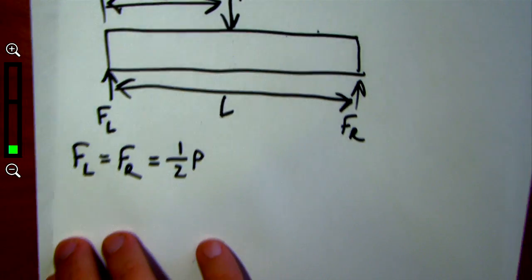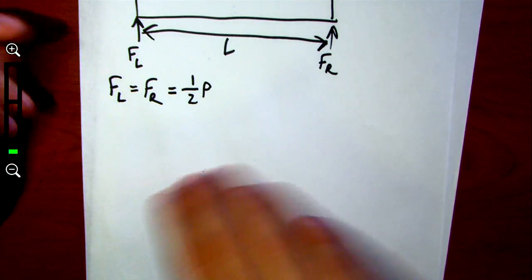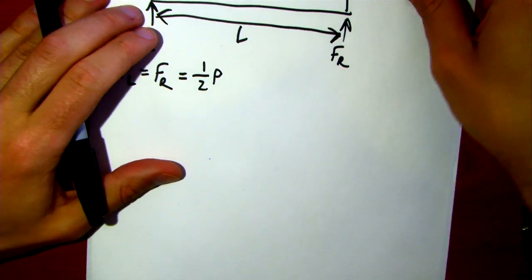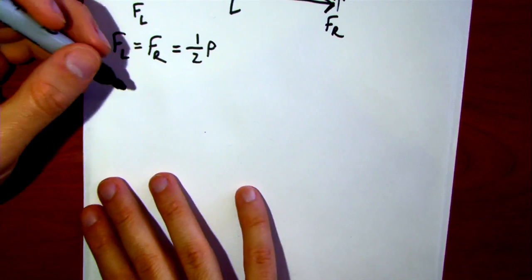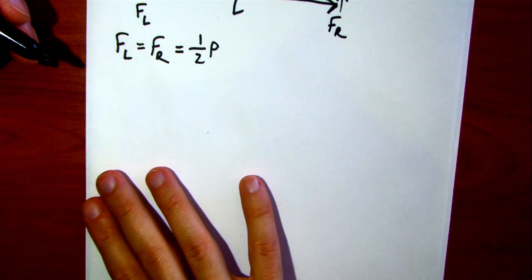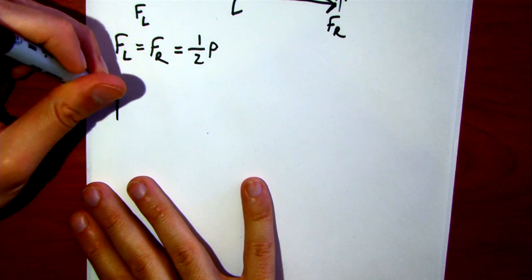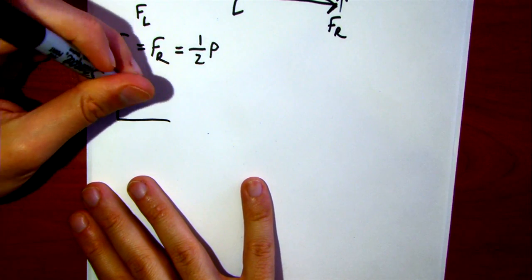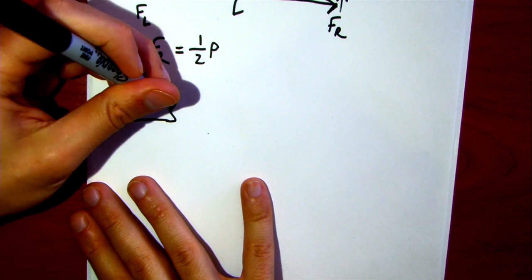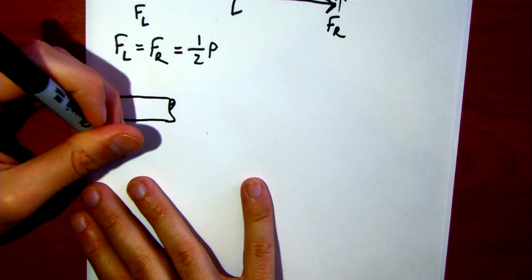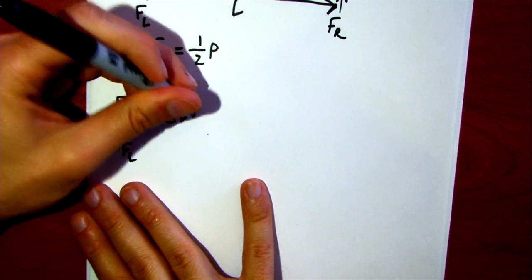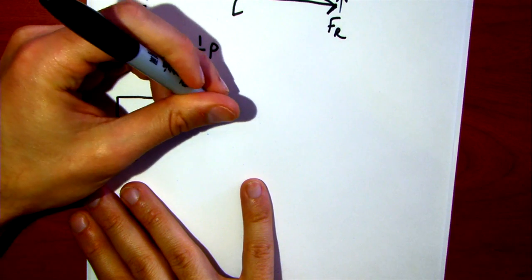Similarly, we can back up and say, if I drew some shear and bending moment diagrams for this, I could figure out what these loads were. So if I look at a section here, there's FL there, there's my shear force, there's my bending moment.